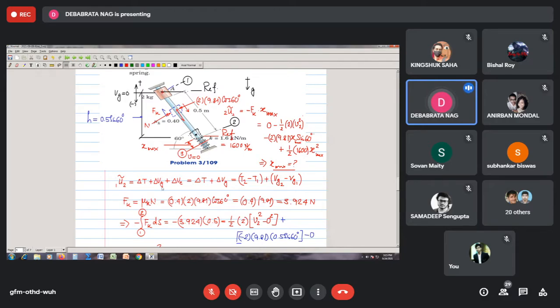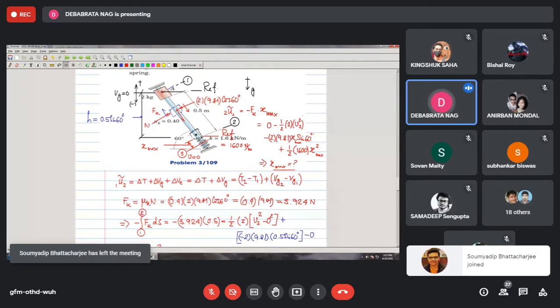Number two, if you write this form of the equation, then you need to tell that you are taking the spring within your system. For example, in this problem, when I analyzed position 1 and position 2, there was no presence of spring, so I do not have to write anything there. But when I am taking position 2 to position 3 in order to analyze the maximum compression of the spring, you need to mention that the spring is well within my system.